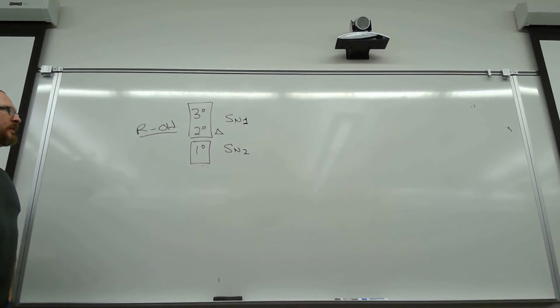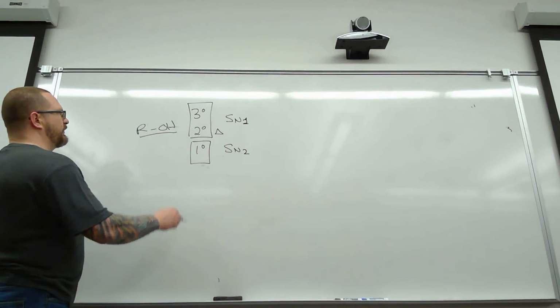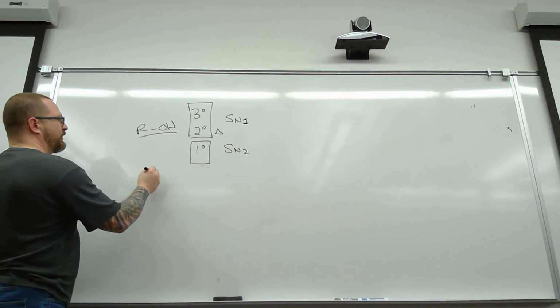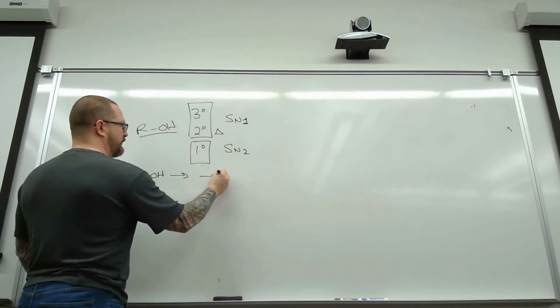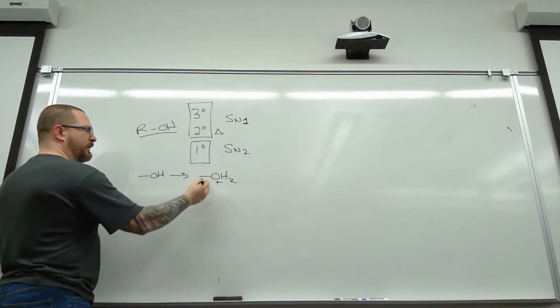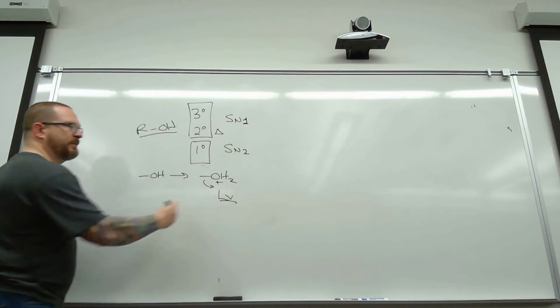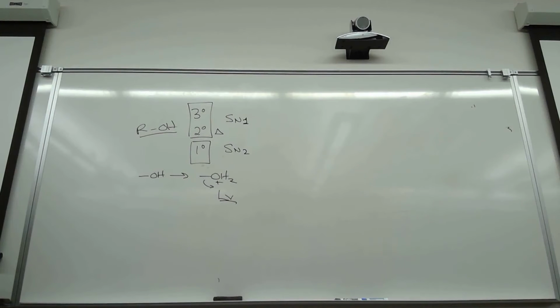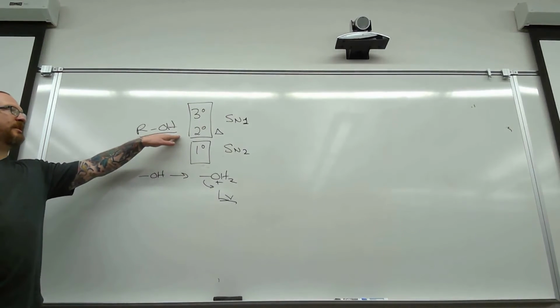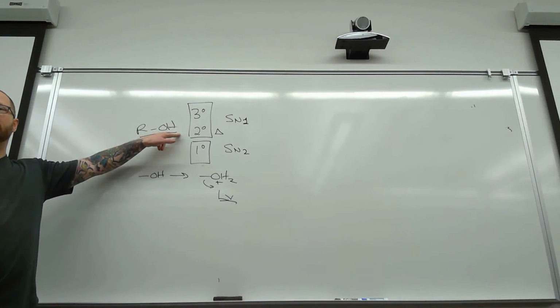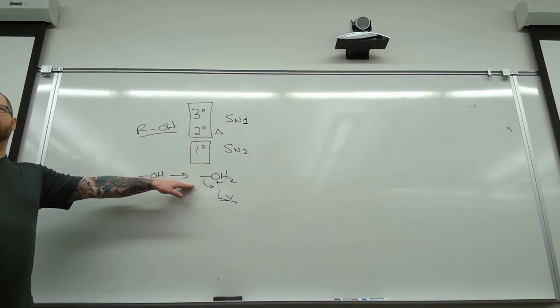The difference here is that once you've converted the alcohol to water, this is a phenomenal leaving group, better than a bromine or chlorine. Those are good leaving groups. This is a phenomenal leaving group. So what we've done is we've changed what's happening a little bit in the secondary zone, because the quality of our leaving group has gone up so much.